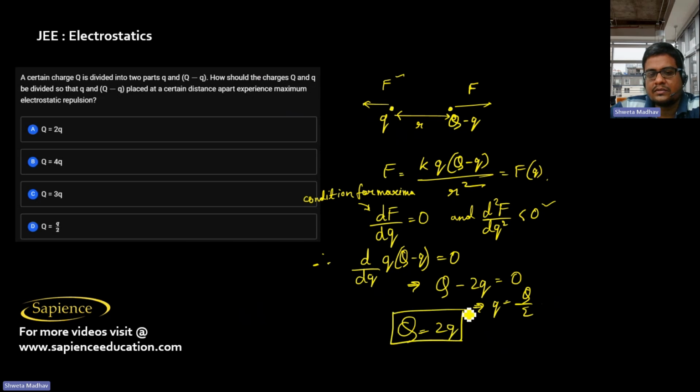It means that capital Q should be equal to twice of small q. So option A is the correct answer.